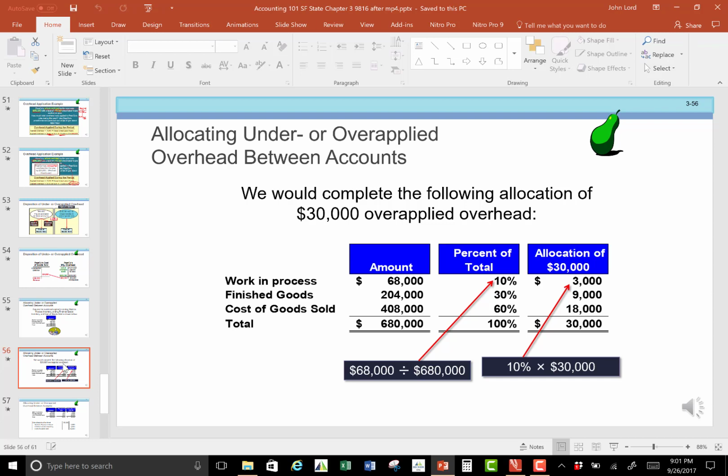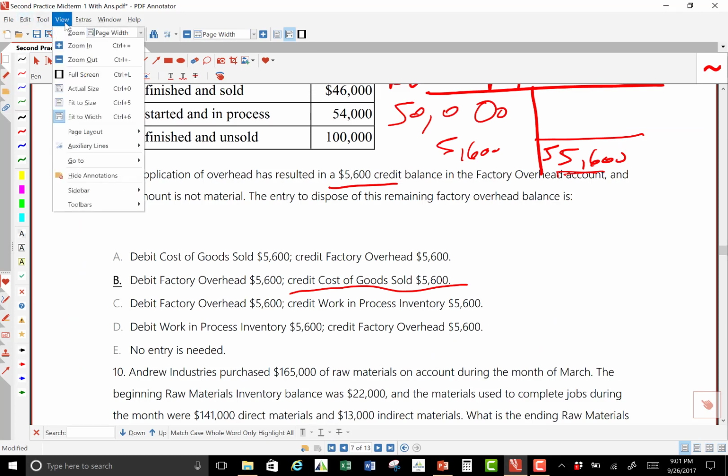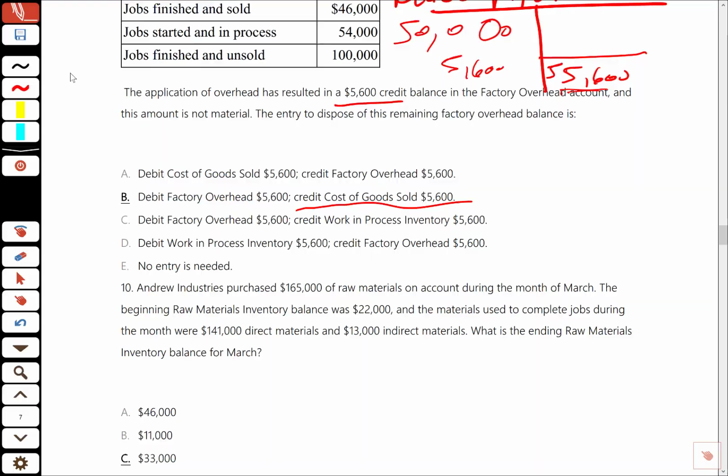Or you could take it all to cost of goods sold. But in these problems that we've been looking at, we've been taking it all to cost of goods sold, and I think that'll be the case. I'm not going to ever make you allocate it between the three.